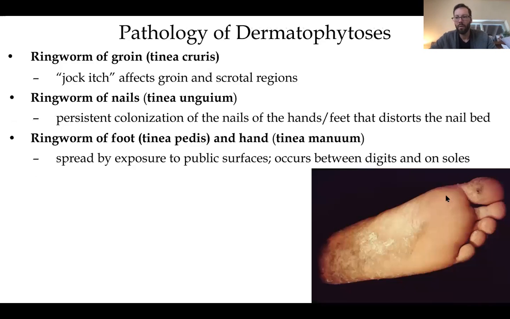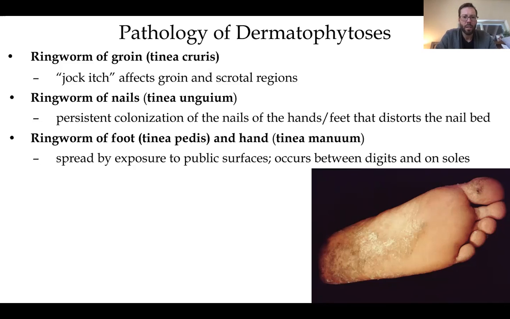There's ringworm of the groin, which we call colloquially jock itch. There's ringworm of the nails, which is going to be toenail fungus and fingernail fungus. If you see people who have the yellowish, hardened, thickened nails, it's because of ringworm, a particular type. Very hard to treat because it's underneath that fingernail bed.